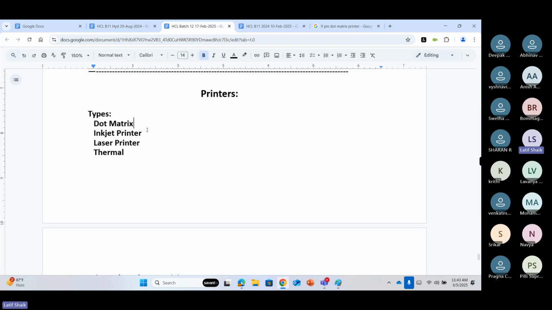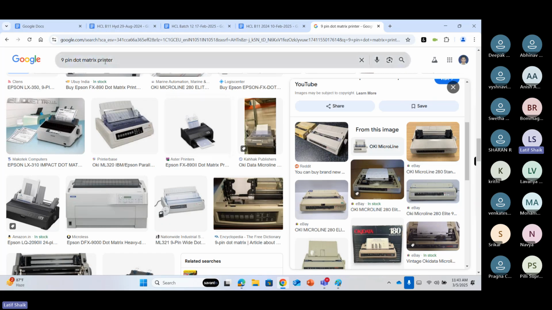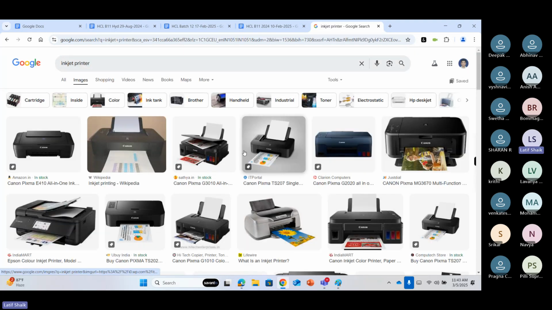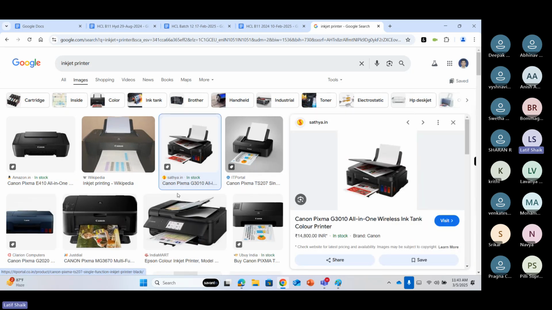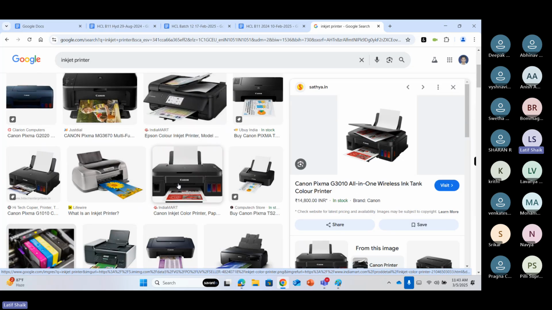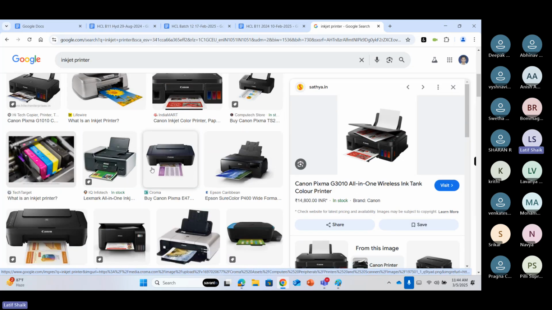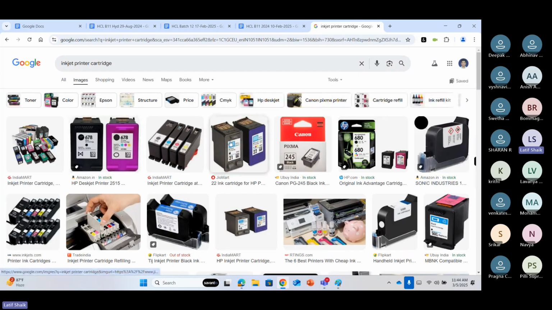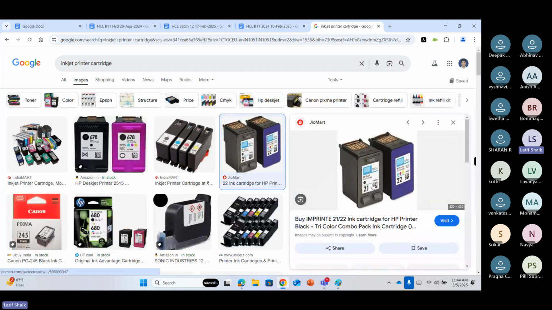Next is the inkjet printer, not this dot matrix one. The inkjet printer uses ink cartridge boxes inside that contain ink. These are the inkjet ink cartridge boxes. This one contains only black ink.